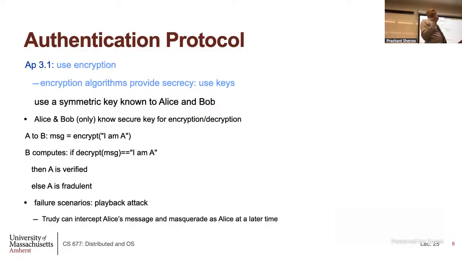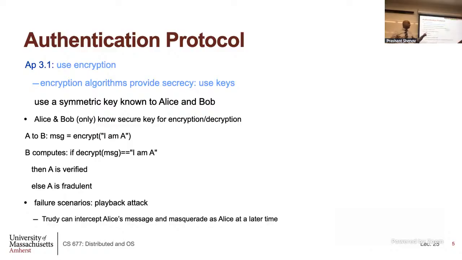Bob is going to take the encrypted message, and the secret key that's only known to the two of them, and decrypt it, and you get I am Alice back. And this allows you to now authenticate Alice because the key is only known to Alice and Bob. So you know that that message could not have been sent by anyone else. Okay? All right. So that's a version of the authentication algorithm that uses encryption.